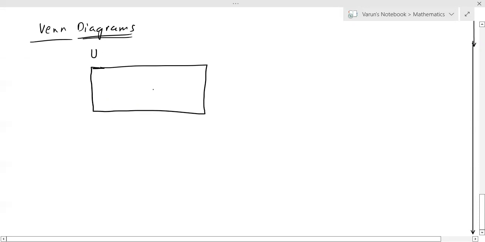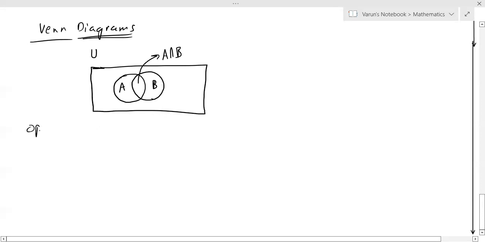And then you have several other sets inside. If you have this kind of a set and then another set like this, I can name this set A, this set B. This is A intersection B. Okay, so that is basically a Venn diagram. We'll talk more about Venn diagrams later.